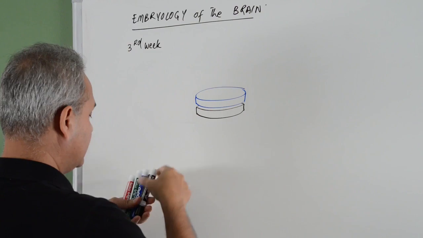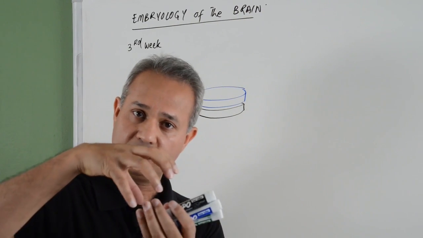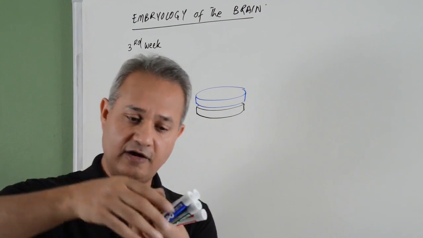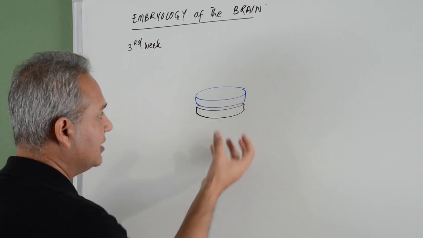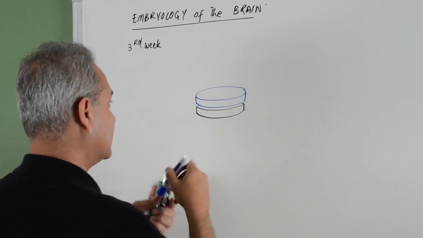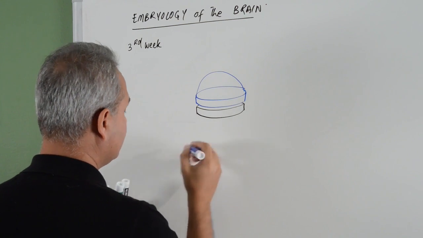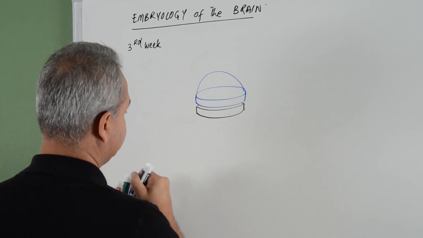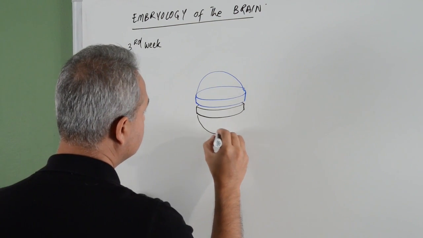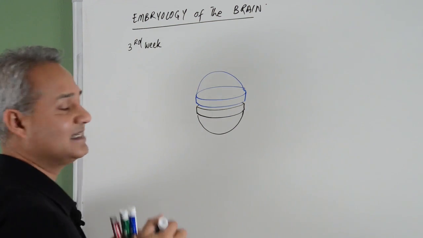Now imagine if you take a ball, a sphere, and cut it in half and put one half above and the other half below. I'm going to put a half above and another half below. So this is the initial structure.